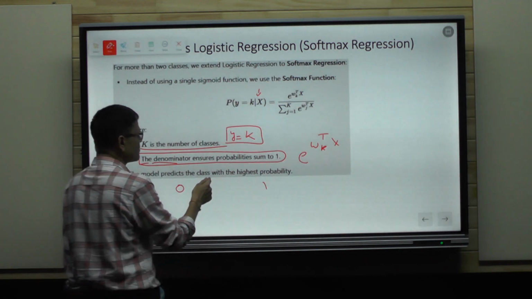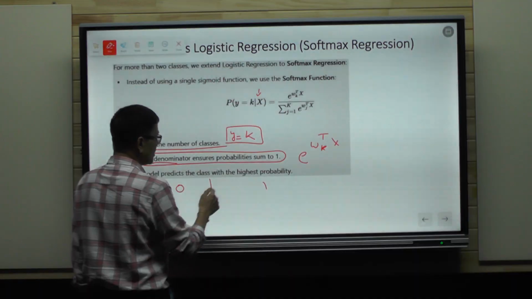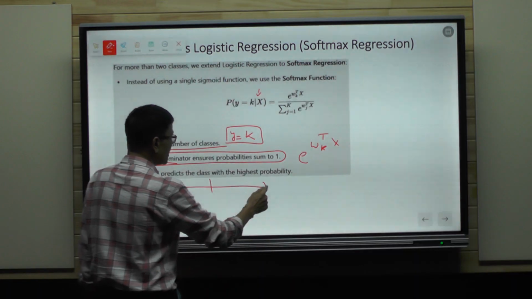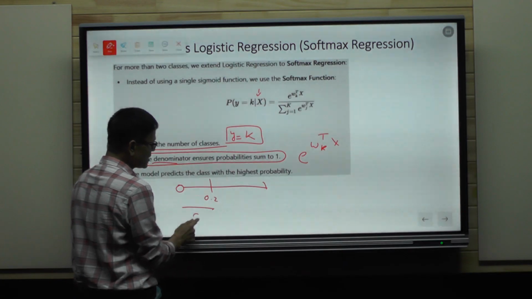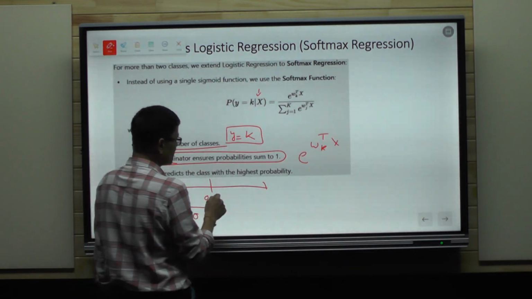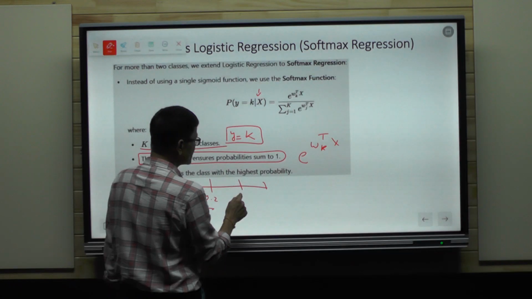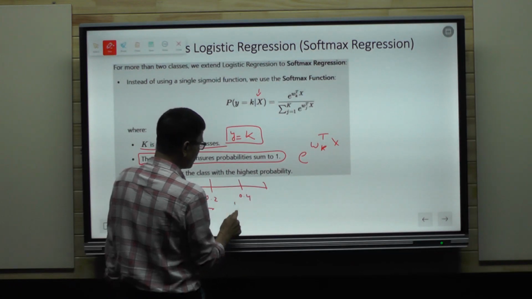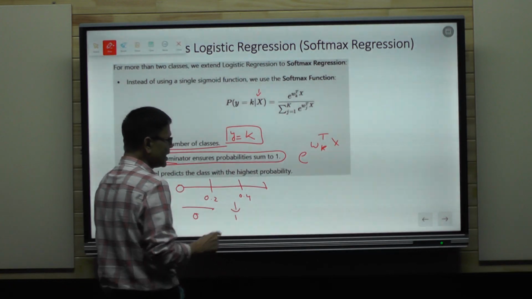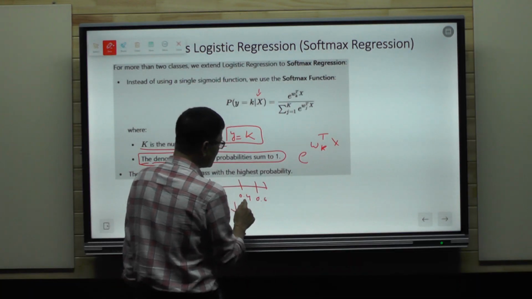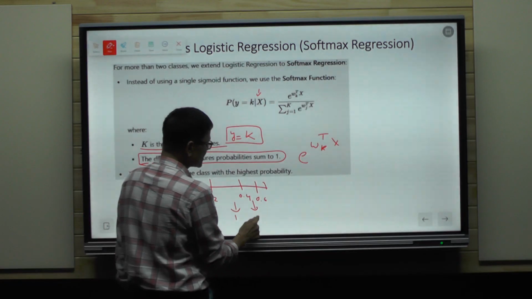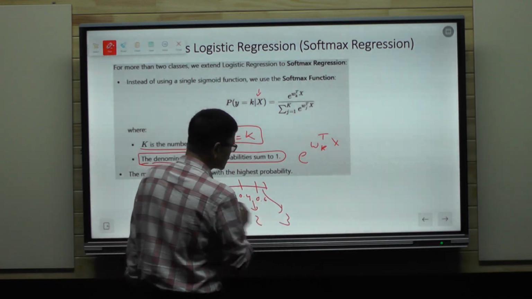So we can divide it into intervals, let's say up to 0.2 is termed class 0. Something from 0.2 to let's say 0.4 belongs to class 1, and from 0.4 to 0.6 belongs to class 2, and this belongs to class 3.